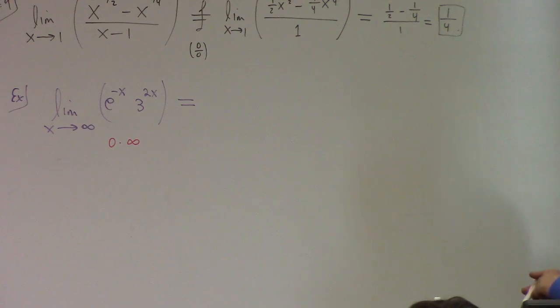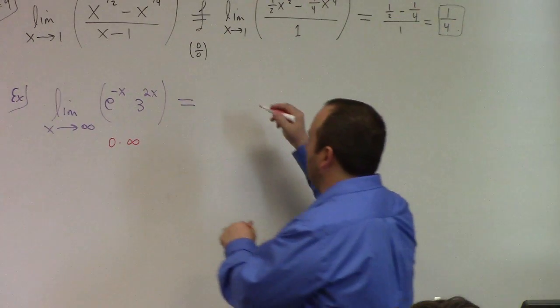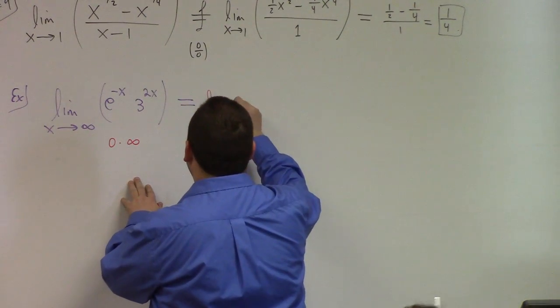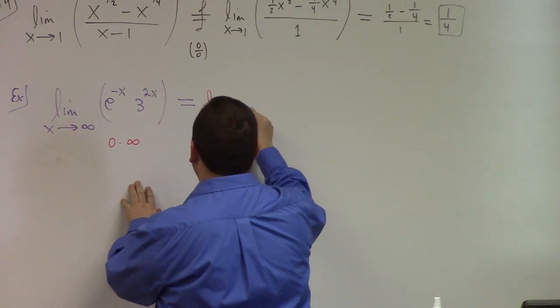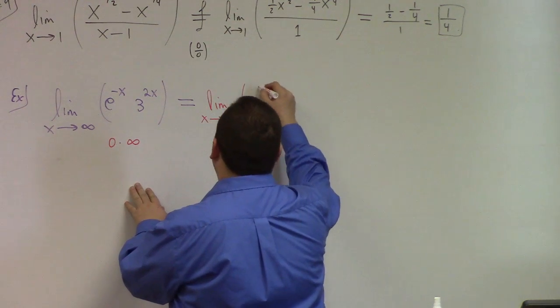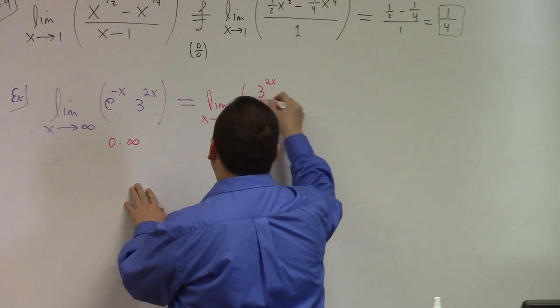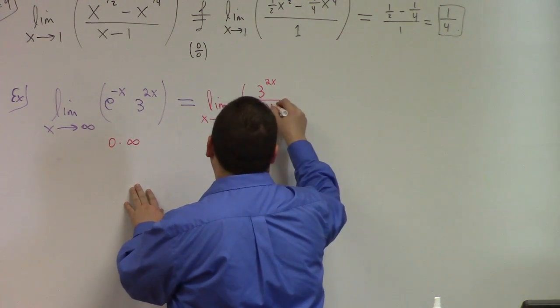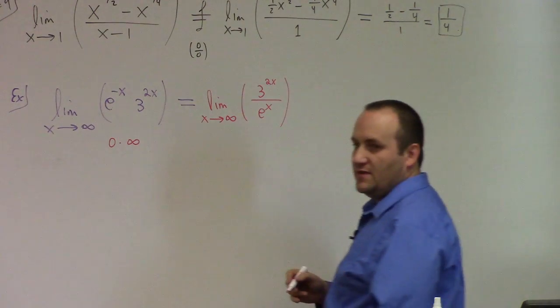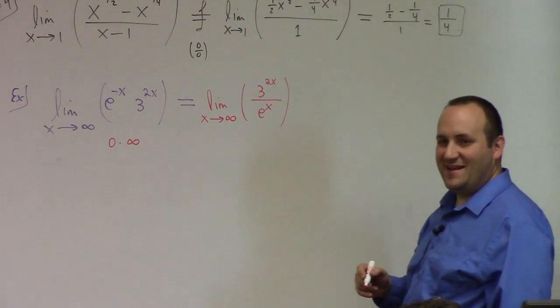So it's indeterminate, right? But L'Hopital's rule really won't help you out here. I mean, you can do L'Hopital's if you want, but it kind of takes you nowhere pretty fast. So this is 3 to the 2x divided by e to the x by algebra, right? What happens if I apply L'Hopital's rule?